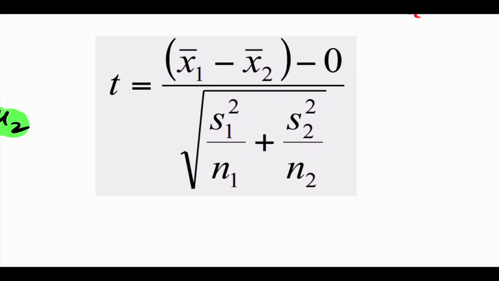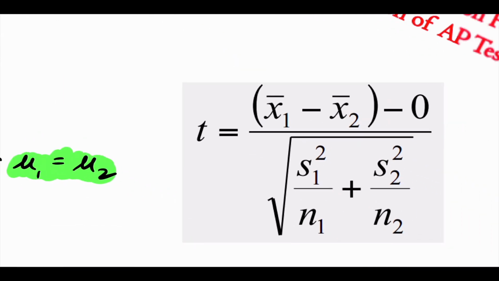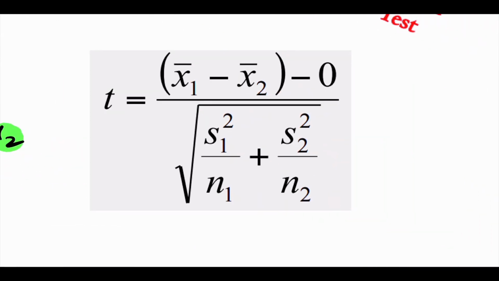I only put T because most of the time it's going to be T. So on top, again, we subtract the means, and then we subtract it from 0. Why 0? Where does 0 come from? The interval and the null hypothesis, right? The null hypothesis, the claim from both places, right?